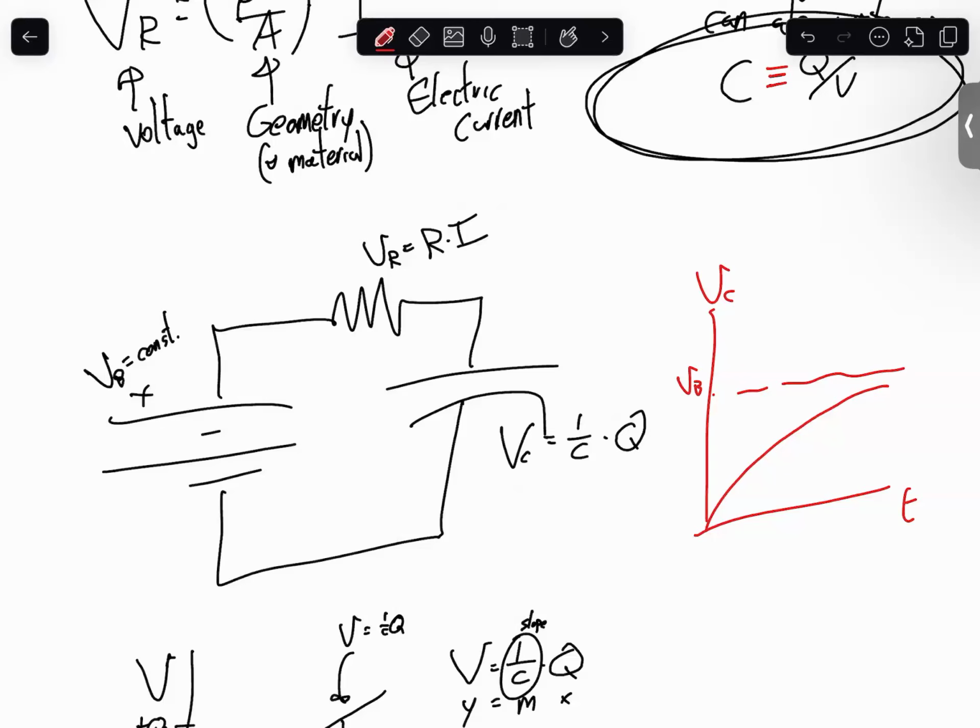What is voltage when charge is 0? So x equals 0 means y equals 0. What happens if x increases? Does y increase? Does y increase steadily? Yes, y increases steadily, right? Every increase in coulombs, I get a constant multiple times V.